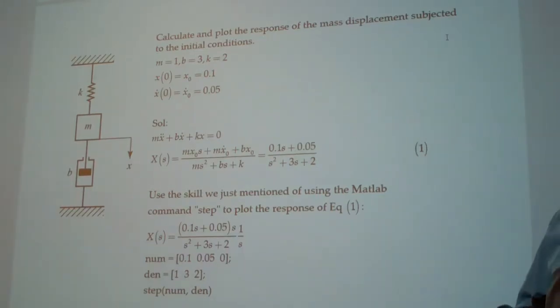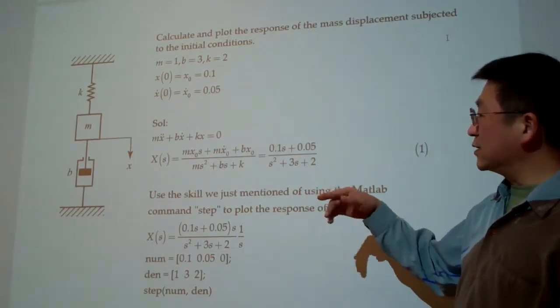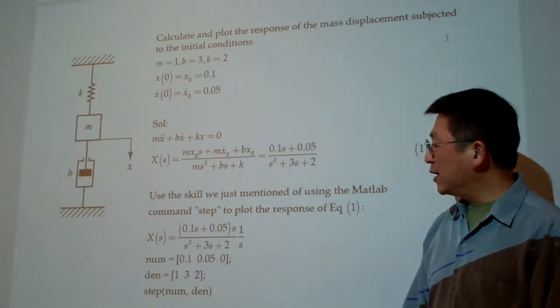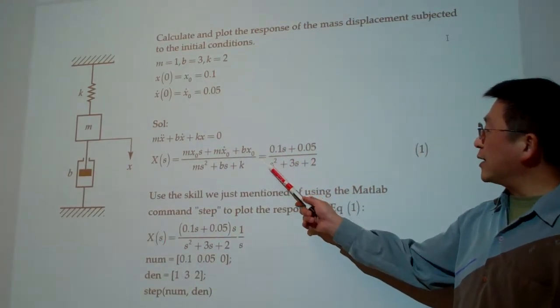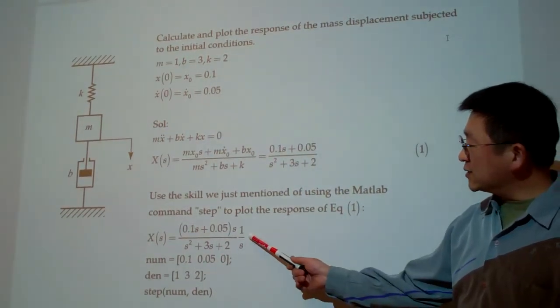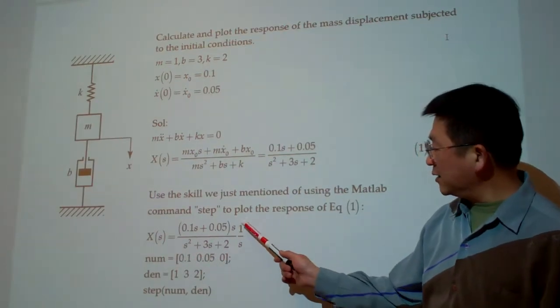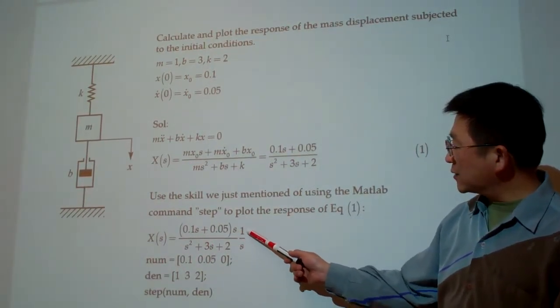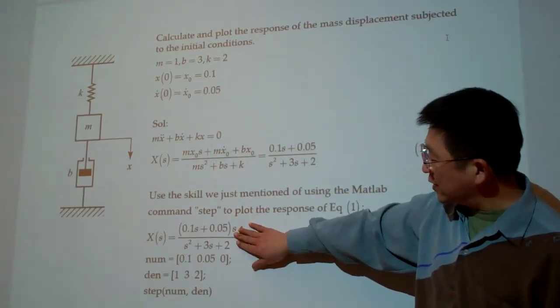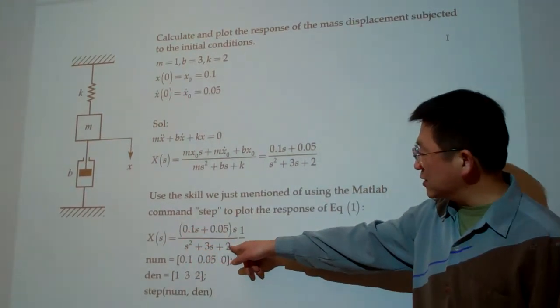Once you have that description, you can plot it. On the other side, we can use the step command. I'm going to apply MATLAB using the step command, and my goal is to plot x of t based upon these functions. In terms of the syntax here, I try to separate out 1 over s, and in this way the problem description is described by this system here.